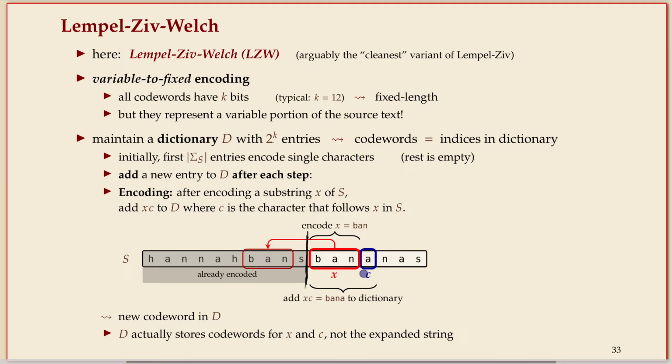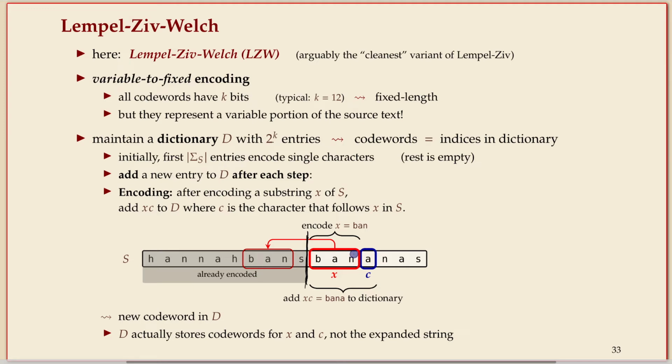Now we find a longest match in our dictionary that starts at this position. So we look through our dictionary and try to find what is the longest thing that I can read from here that I've seen before. And in this example, say that's this substring ban, which occurs before here. I mean, you see the similarity of the picture before.